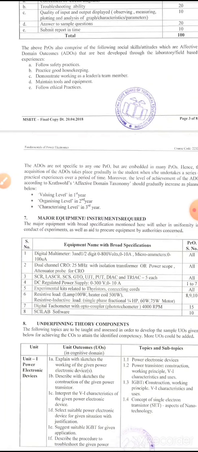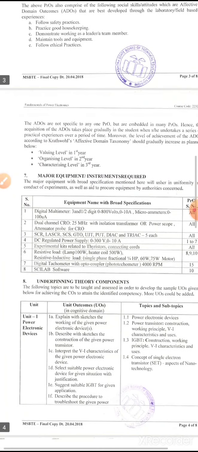There are some major equipment like digital multimeter, DSOs, CROs, then the SCR, LASCR, SCS, GTO, UJT, DC regulated power supplies, experiment kits, resistive loads, and tachometers are also available in the labs.